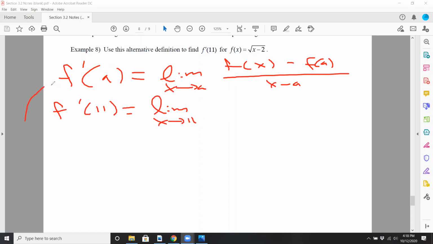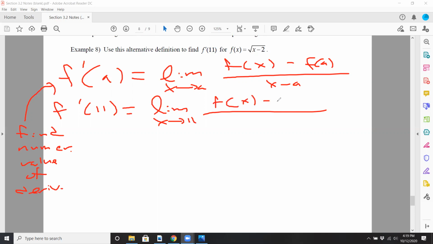By the way, you're going to use this to find a numerical value of the derivative, not a derivative expression, just so you know. So you have f of x minus f of 11 over x minus 11.